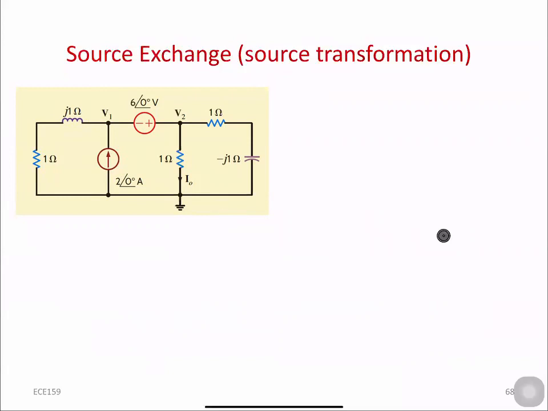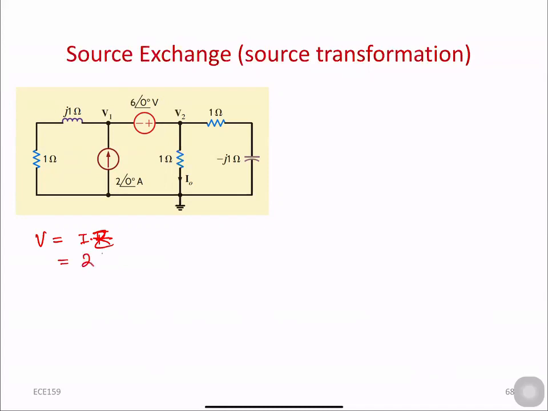Right? All right, so what I do is I will just add up this 1 and j1 in parallel, and the voltage at this particular point is going to be I times R, which is actually the impedance now, right?